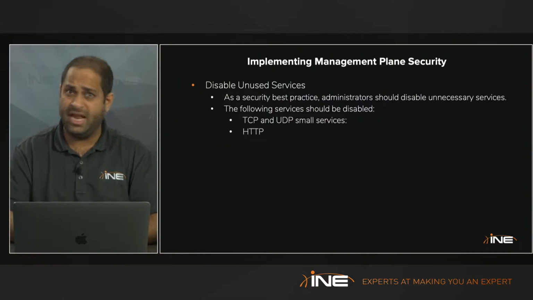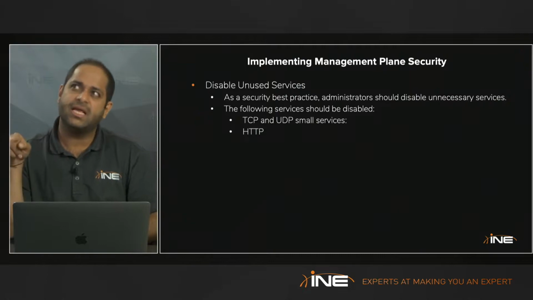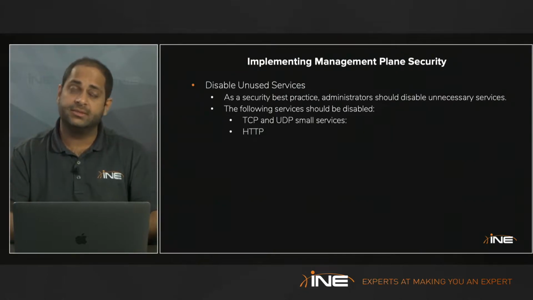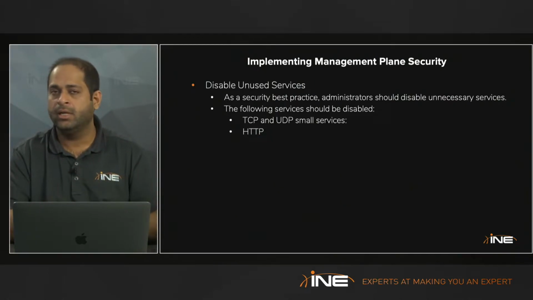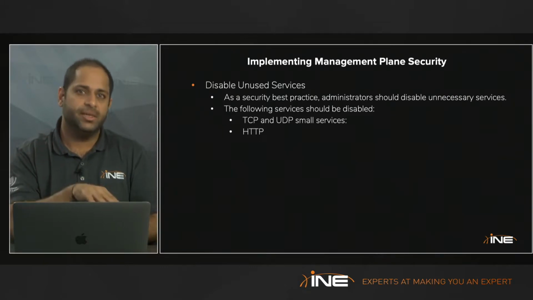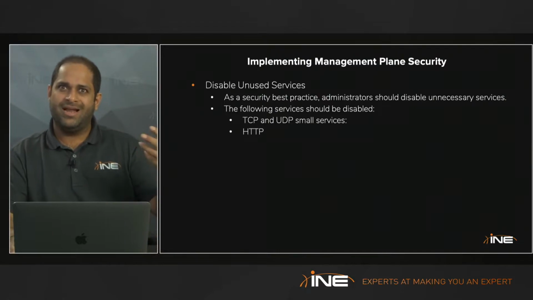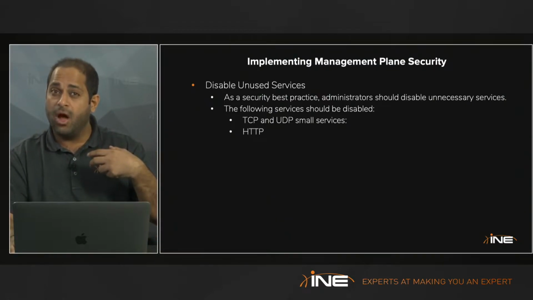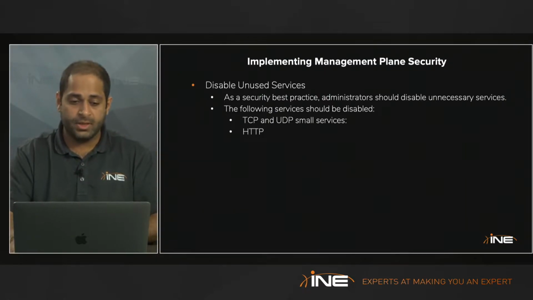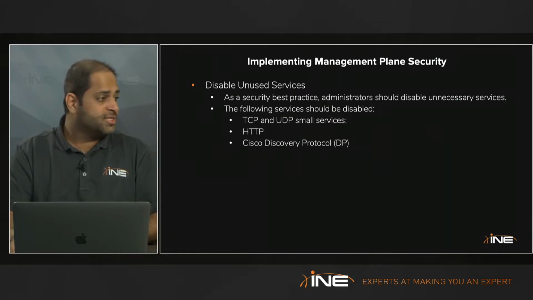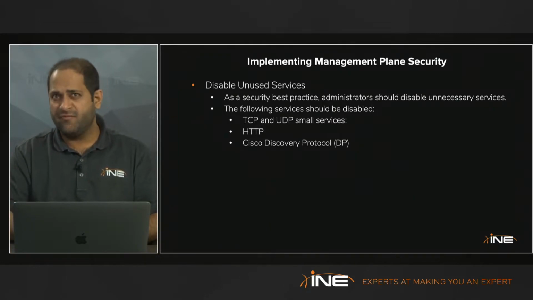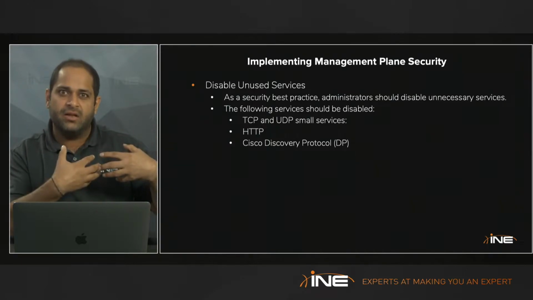You should also disable HTTP, maybe keep HTTPS on if you want to access the router remotely. Try and use HTTPS, not HTTP, because a lot of information an attacker could pull from just HTTP. You should also disable CDP because a lot of information can be gained from CDP.